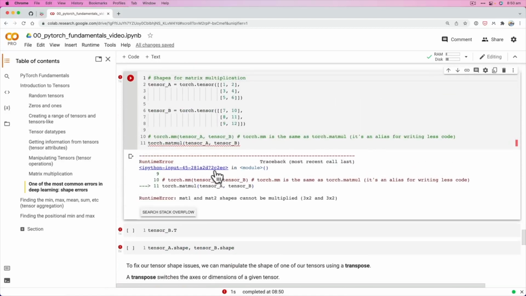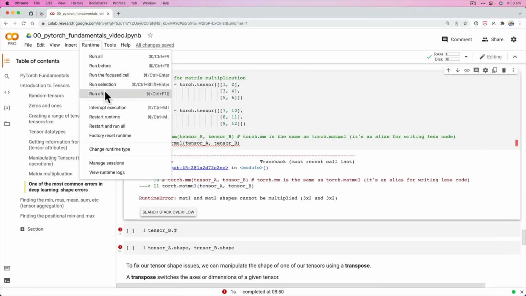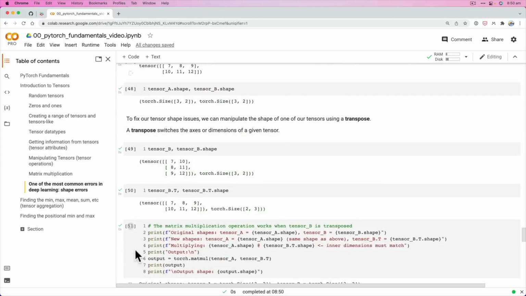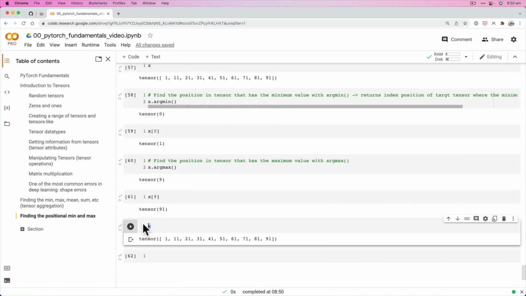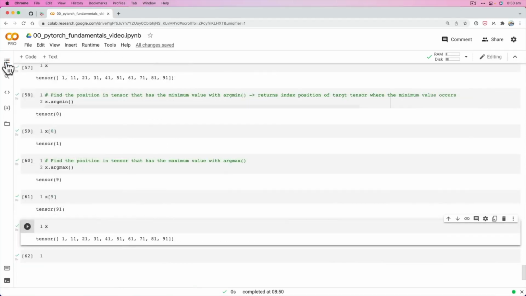So remember when we ran into a shape error? Because we didn't fix it, I left it there on purpose so that we could keep seeing a shape error. It's going to stop at this cell, so we're going to have to run every cell after the error cell. So see how it's going to run these now. They run fine, and then we get right back to where we were, which was X. So that's just a little tidbit of how I get back into coding.